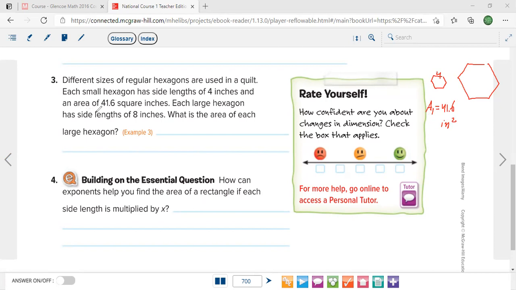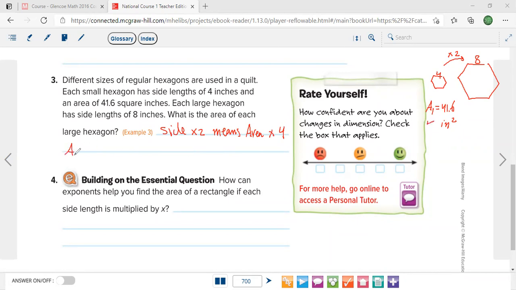Each large has length of 8 inches, this is 8, so it's clear that it's multiplied by 2. So side multiplied by 2 means area multiplied by 4, which is 2 power 2. I told you.